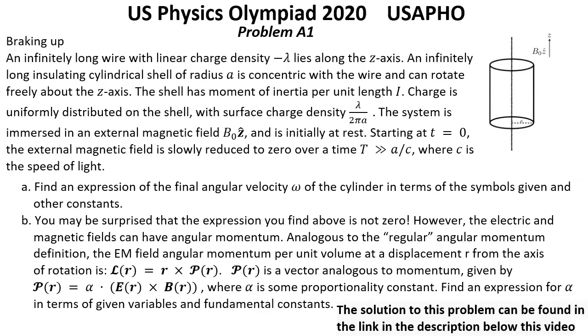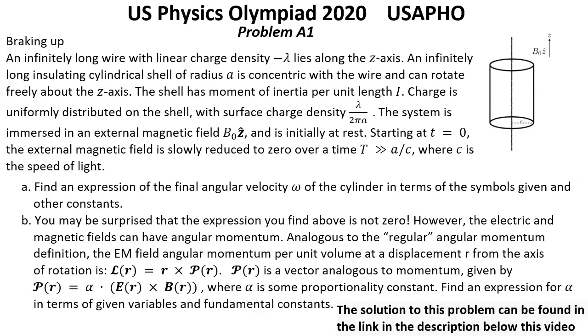Problem A1. An infinitely long wire with a linear charge density negative lambda lies along the z-axis. An infinitely long insulating cylindrical shell of radius a is concentric with the wire and can rotate freely about the z-axis.